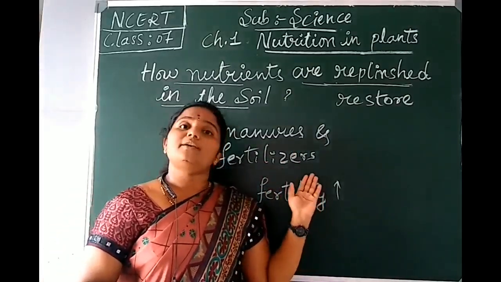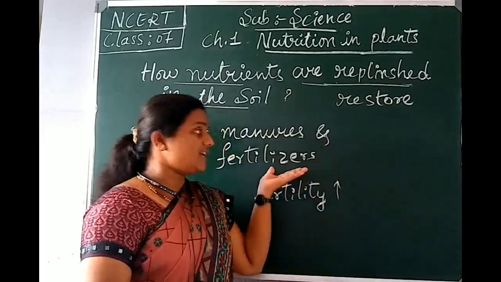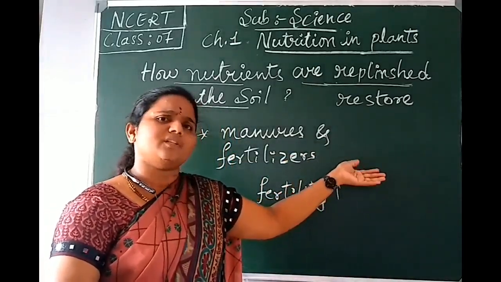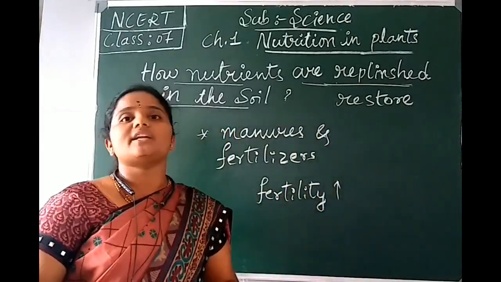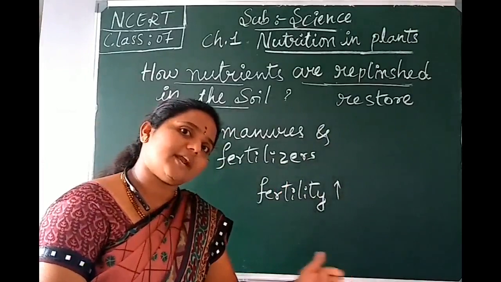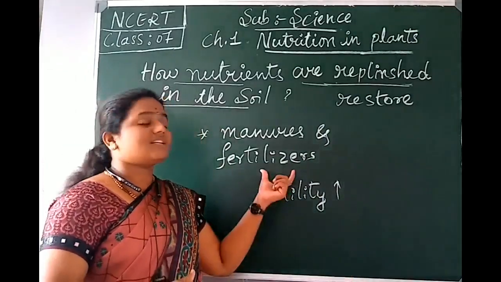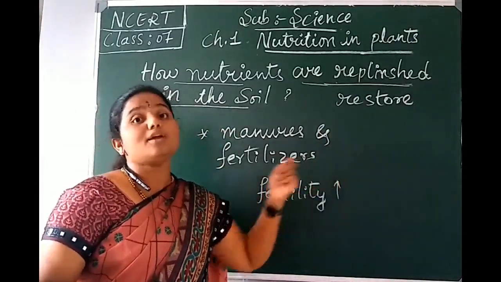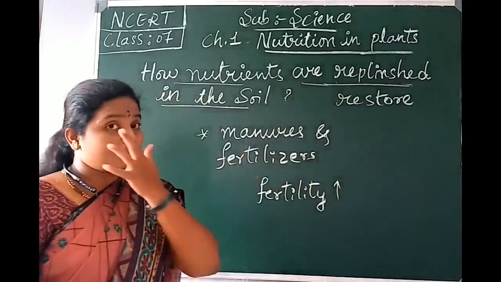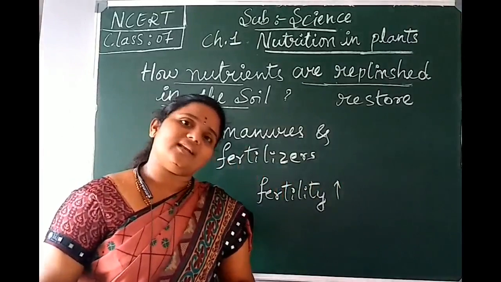For example, fertilizers contain nitrogen, phosphorus, potassium. These are specific nutrients present in fertilizers. If the soil lacks nitrogen, then a nitrogen-rich fertilizer can be used. Understand, children? These are the benefits of manure and fertilizers.